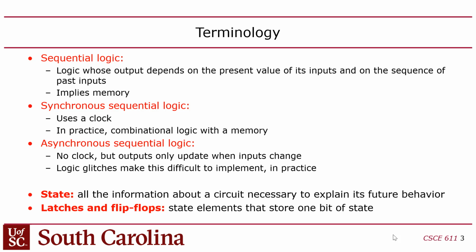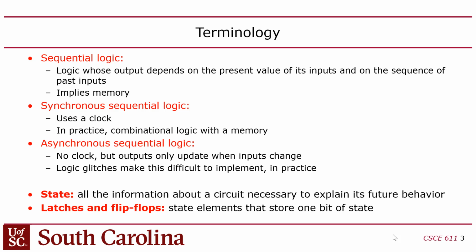For example, IBM had a chip, I guess it's been about 10 years ago now, called the IBM TrueNorth chip, which was a neuromorphic processor. It was basically an array of reconfigurable spiking neurons for a neural network. And it used asynchronous logic, where it didn't have a global clock.